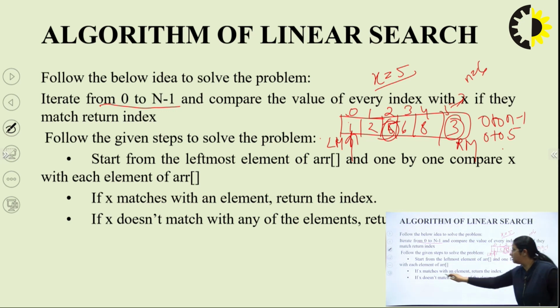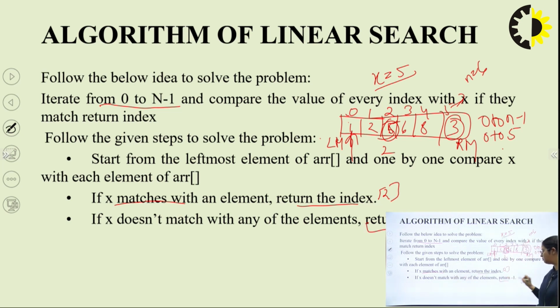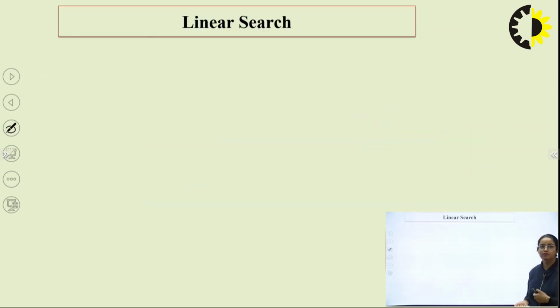If the element x matches, then return the index. Suppose our element matches at index 2, then we return index 2, where our element is found. If the element does not match, then we return -1. This is the simple logic, or simple algorithm, of searching.